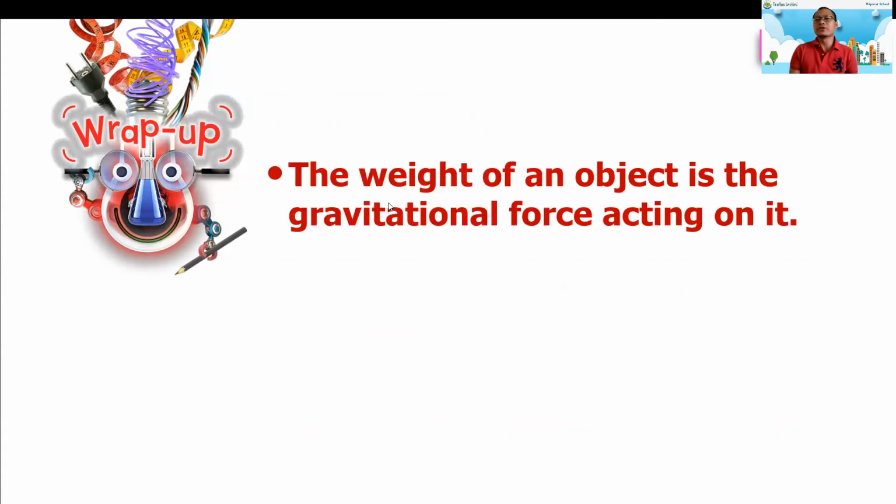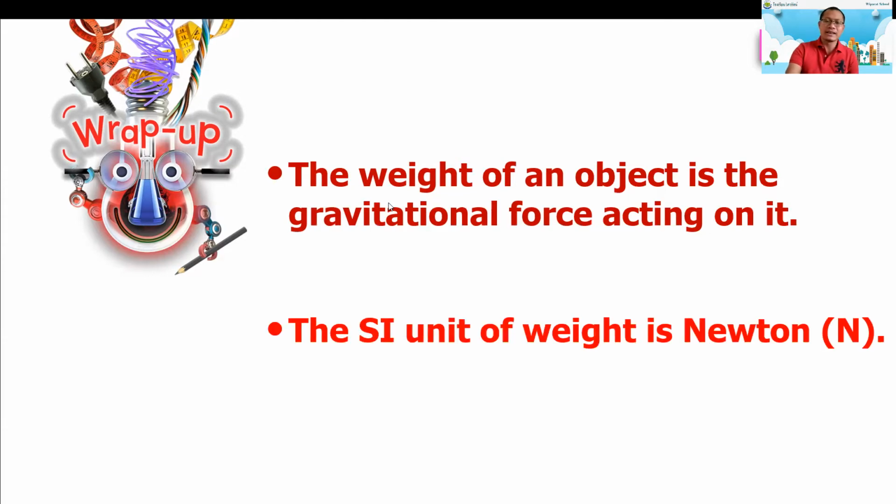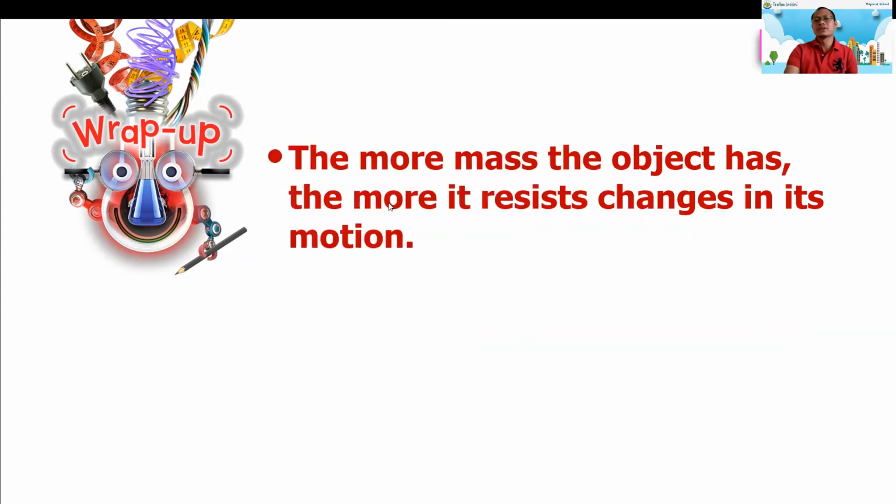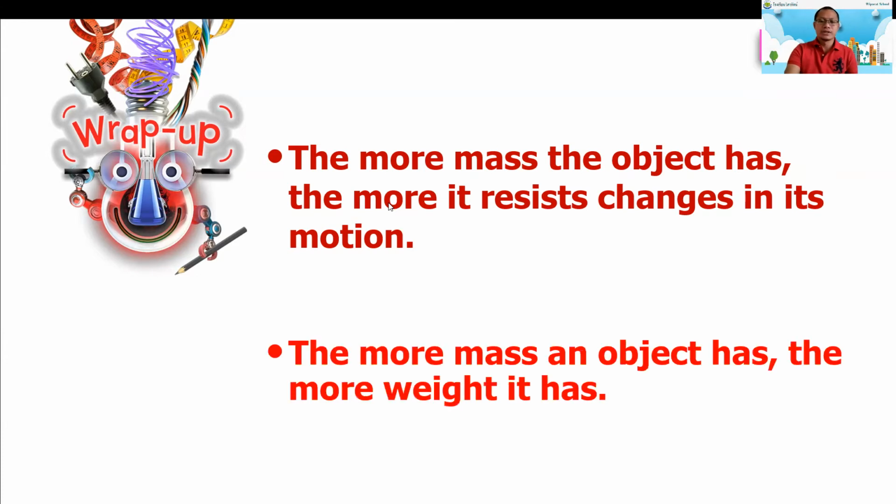Next, the weight of an object is the gravitational force acting on it, and the SI unit of weight is Newton or N. The more mass the object has, the more it resists changes in its motion. So the mass affects the motion. The more mass an object has, the more weight it has, of course.